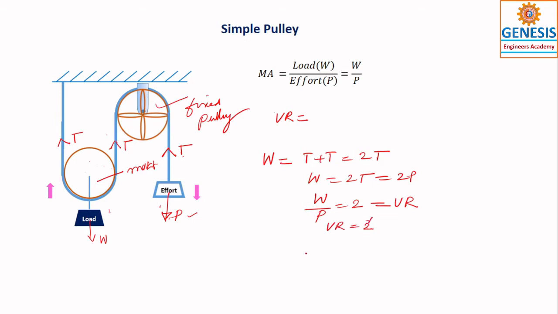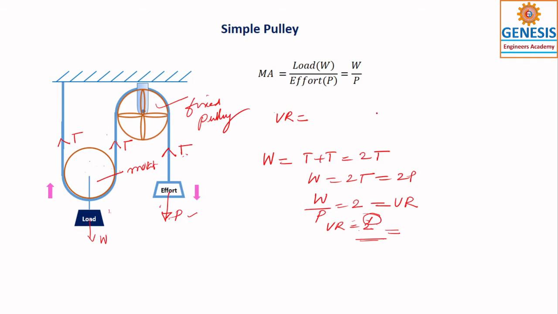So I can write it like this, 2 to the power of n, where the 1 can be attributed to the movable pulley. The velocity ratio in the previous case is 1, and in this case it is 2. In all these systems of pulleys, we are going to find the velocity ratio. To find these velocity ratios, you have to understand the tension.